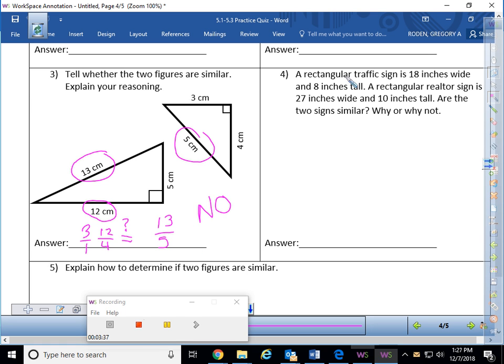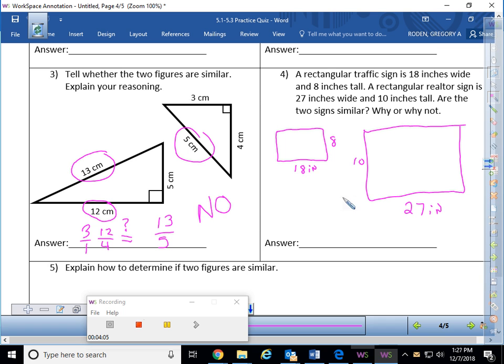Alright, a rectangular traffic sign is 18 inches wide, so we'll say it's 18 inches wide here, and 8 inches tall. A rectangular real estate sign, so it's a big old real estate sign, is 27 inches here and 10 inches there.